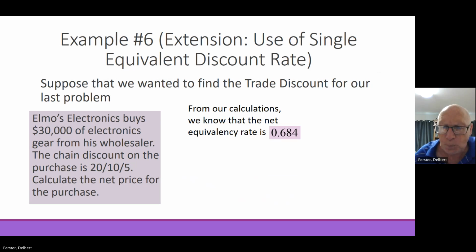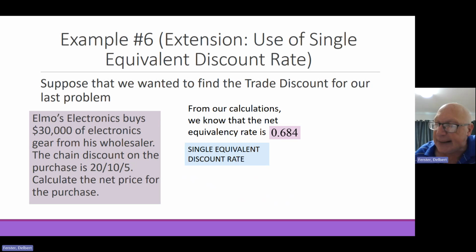If you want to play just percentage notions, you notice that in effect we paid 68.4% of what we were able to once upon a time have as a list price if we were able to take all 3 of those chain discounts. If you say, I really wonder how much that was as a one-shot discount rate, again, that's the notion of complement one more time.